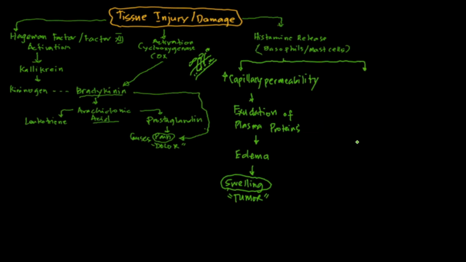Okay, another thing that will happen if there is release of your histamine is your vasodilation. I think you're familiar with the term vasodilation. And because of this vasodilation, there is what we call redness. Another term for your redness is your erythema.